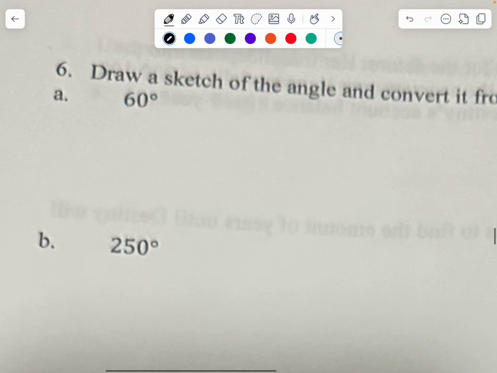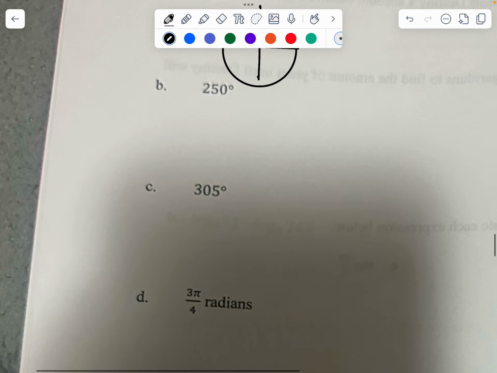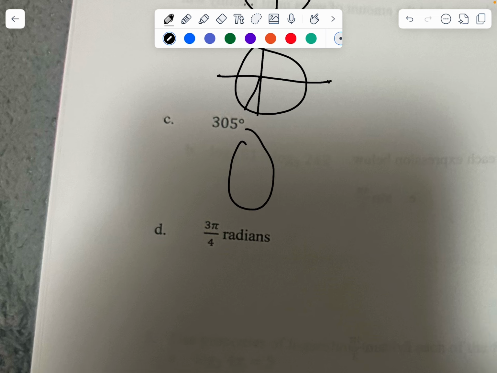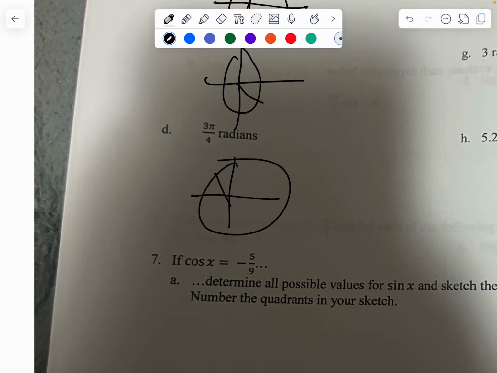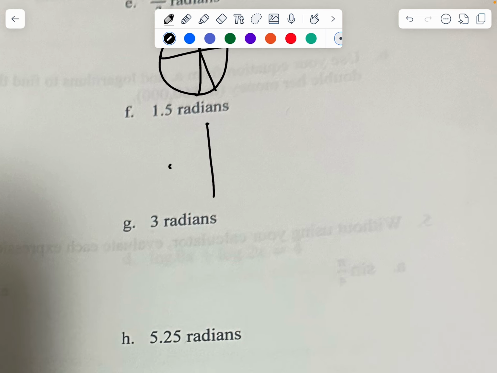Alright, draw a sketch of the angle and convert it from degrees to radians and radians to degrees. So I'll draw a sketch of all the angles real quick. 60 degrees is about right there. 250 degrees is like right there. 305 is like right there. 3 pi over 4, it's like right there. 5 pi over 3, right there. 1.5 radians.